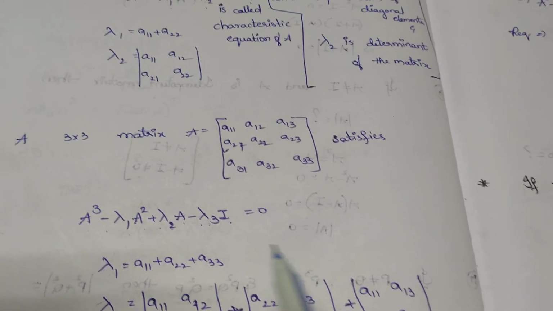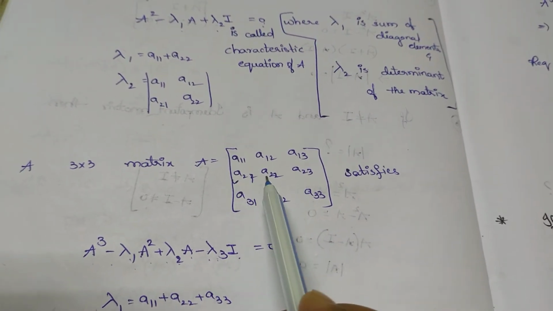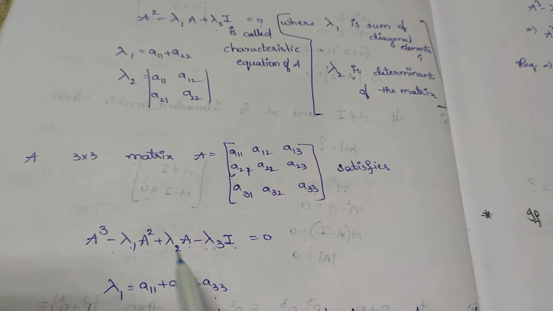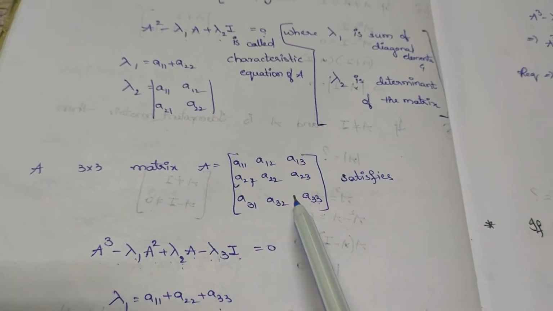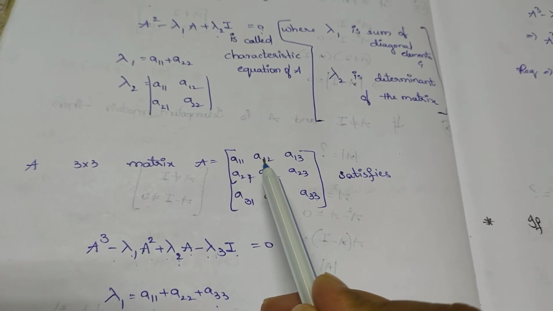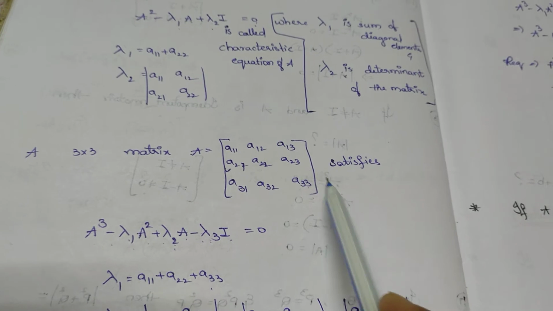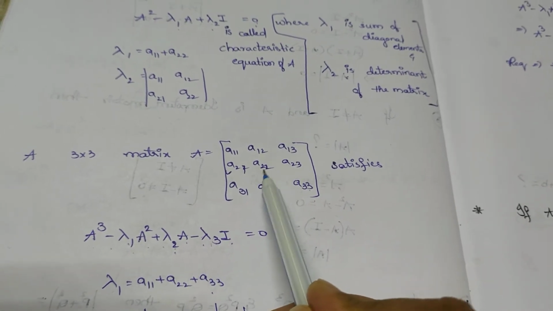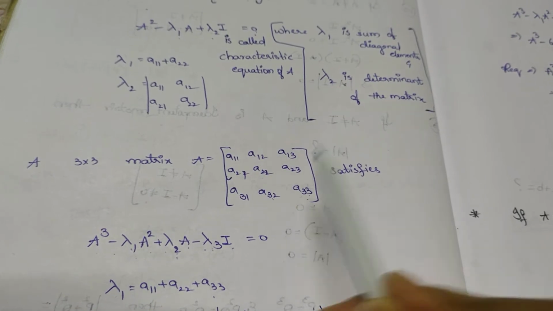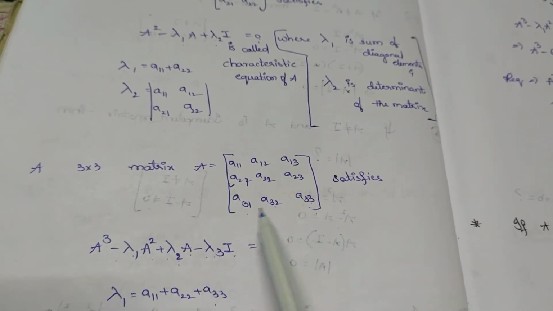But what is this lambda 1? Lambda 1 is nothing but the sum of principal diagonal elements, a11 plus a22 plus a33. Lambda 2 is the determinant of a11, a12, a21, a22, plus the determinant of a22, a23, a32, a33, plus the determinant of a11, a13, a31, a33.